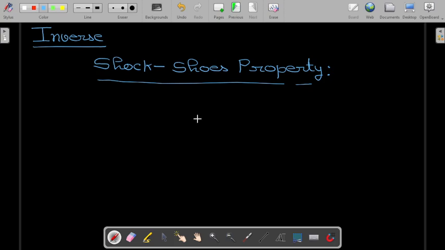What does this property tell? It tells that for group elements, let's write it thoroughly.